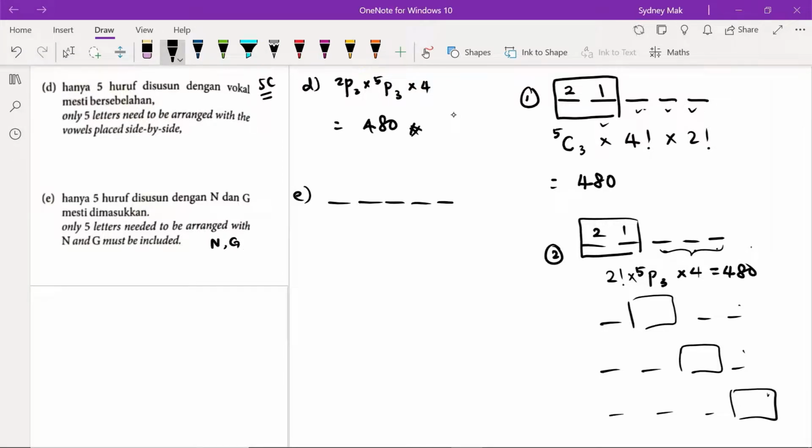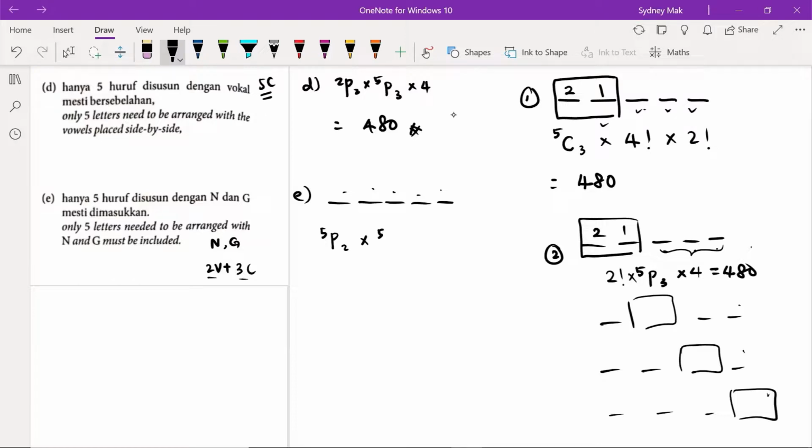So the remaining will be the 2 vowels plus the 3 consonants. Initially we have 5 consonants, 2 must be in, so we're left with 3 consonants to choose. Since N and G must be in, we just choose 1, 2, 3, 4, 5 empty slots. Any place we shall put in the 2 consonants, followed by the 2 vowels and the 3 consonants, we combine it together.